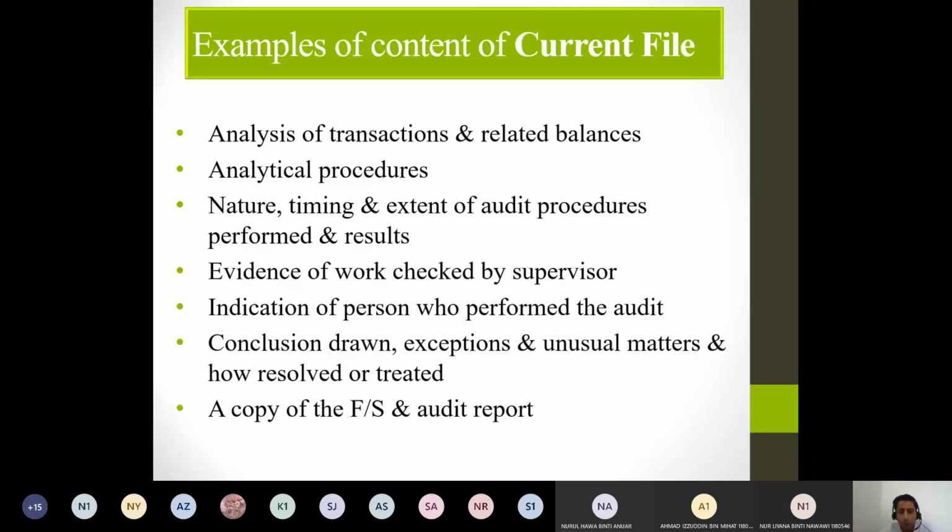Then an indication of the person who performed the audit, which I mentioned, and then the conclusions drawn, or the exceptions or unusual matters and how to resolve or treat them. So let's say the auditor who conducted that particular audit procedure found unmatching or unexpected findings.